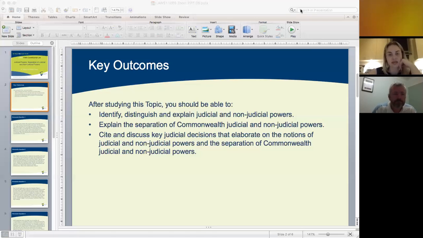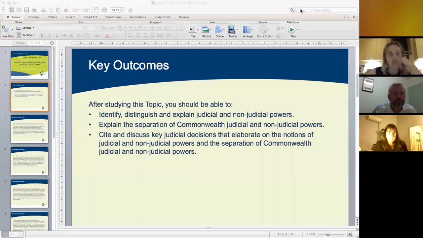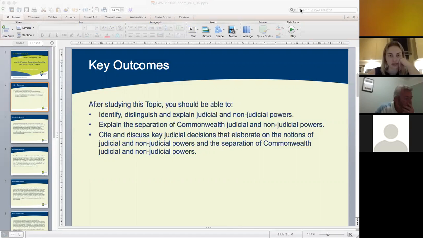Now, if your question was whether it would be possible for a federal judge to at the same time be a state judge, the answer will have to be no. Mainly because if a judge is a federal judge, it will likely mean that the appointment of that federal judge will have to be according to Chapter 3 of the Constitution.